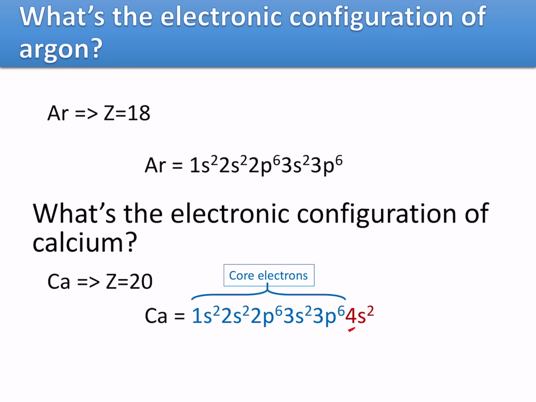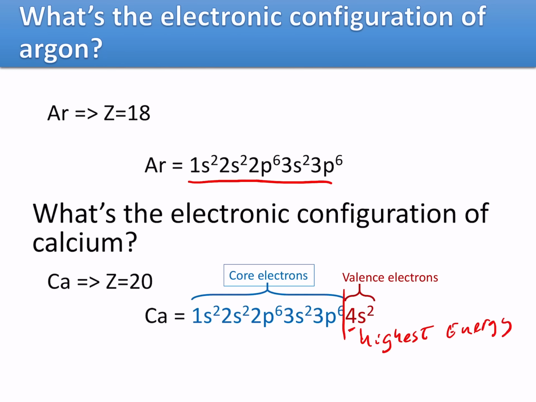That means that anything below that energy level is what we call core electrons, and most likely that resembles the configuration of argon. Those that are in the highest energy level are what we call the valence electrons.